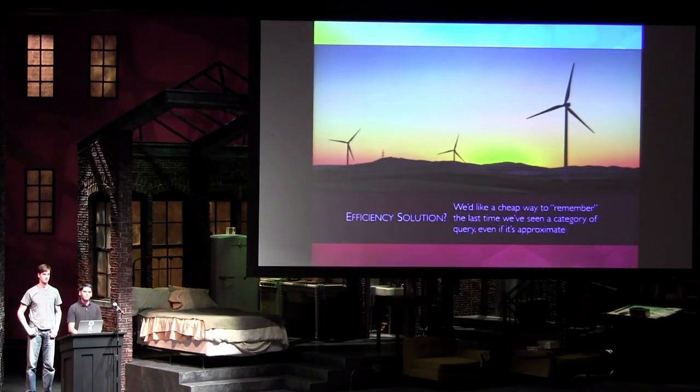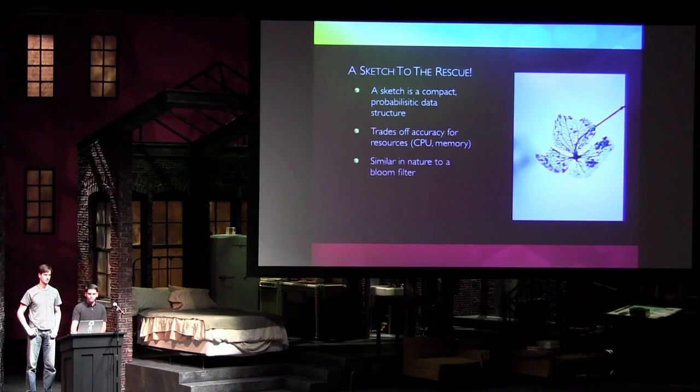So what we needed was an efficient solution to keep track of the last seen timestamp for each event, with potentially lots of categories. So we decided to come up with a sketch. A sketch is a probabilistic data structure that trades off accuracy for CPU usage or space.